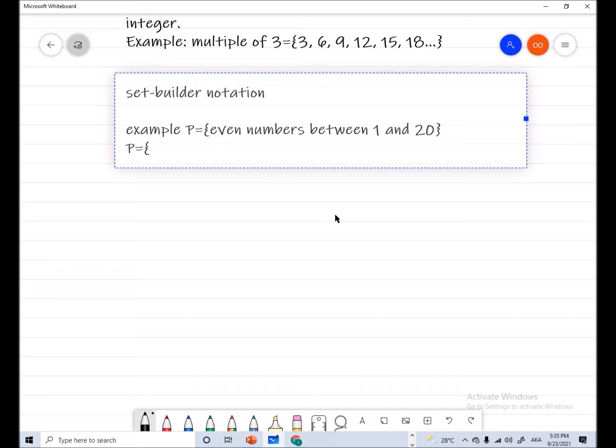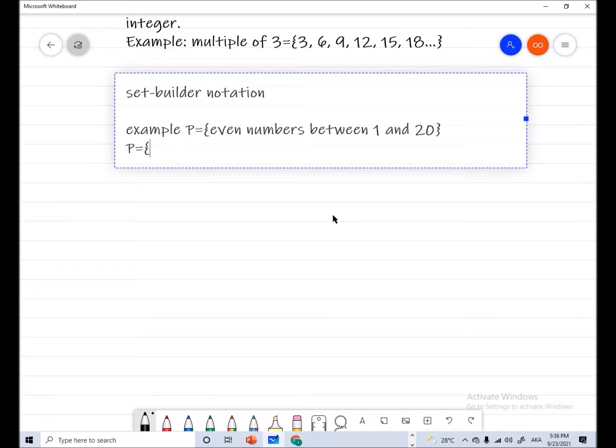Even numbers between 1 and 20. We know even numbers can be divided by 2 with no remainder. If you have the definition in your head, then let's try to list it. It says it's between 1 and 20, and 1 is not an even number, so we don't add 1.